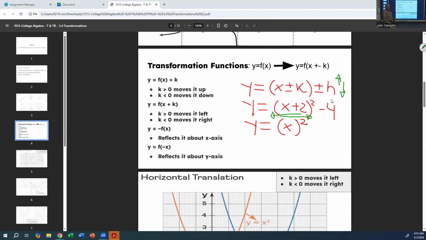You need to remember that if the number is not inside of the function, if there is no k, and you only have an h, it means the whole thing went up or the whole thing went down. If you have both, you need to first do the one inside the parentheses. That means the whole graph, the whole line, went to the left or to the right.